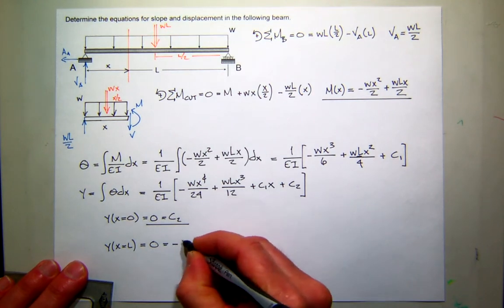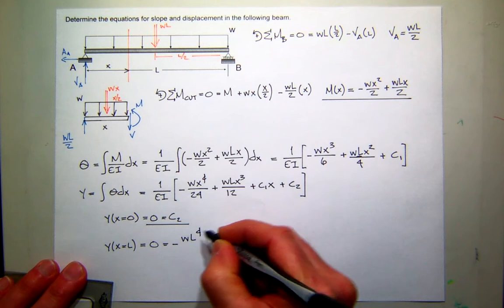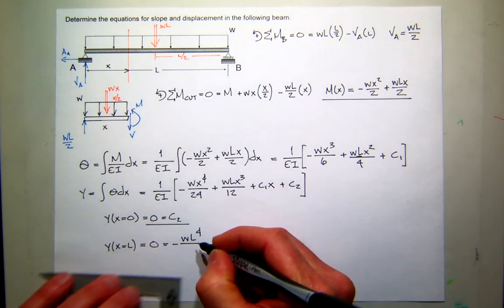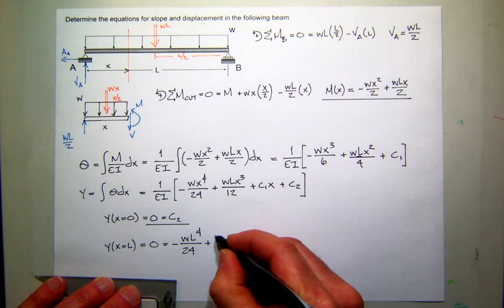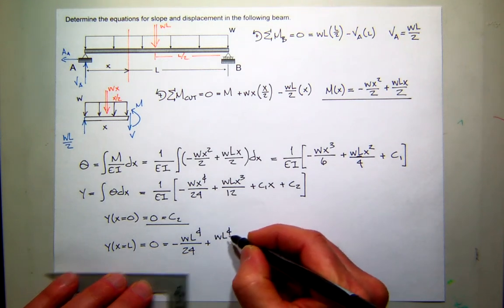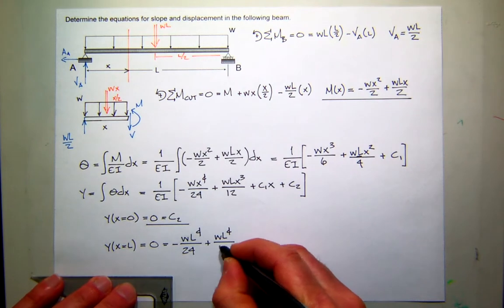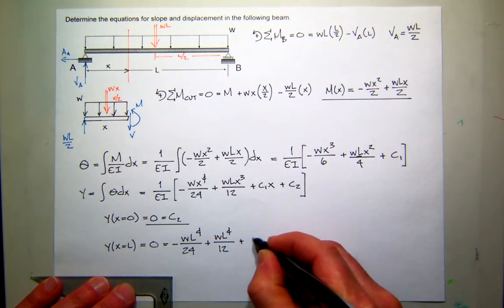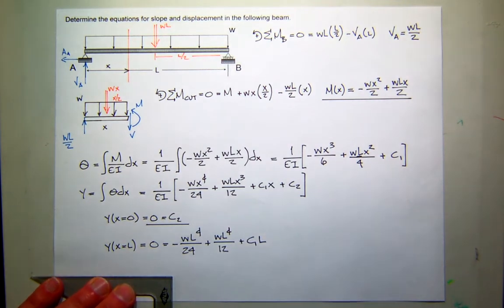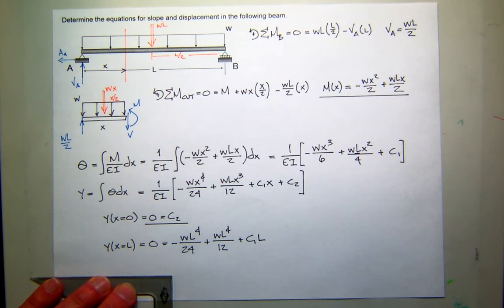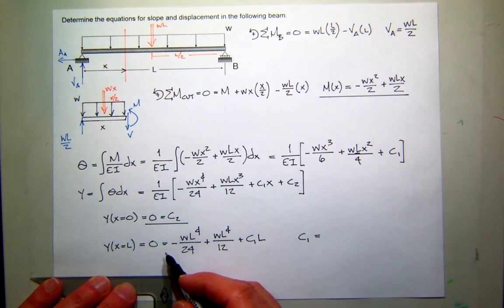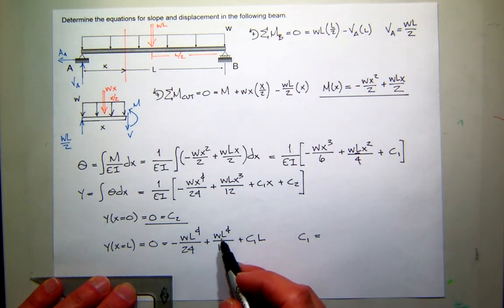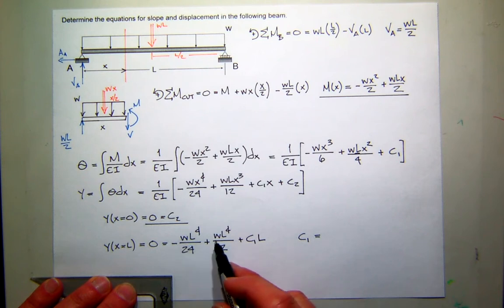So I'm going to start off, I'm going to get negative WL to the 4th over 24. I also suggest you take your time and do this slowly. And then you get plus C1L, and that's equal to 0. So you should be able to solve for C1. So what is C1? Well, first, if you divide through by L, everything is L cubed. You can divide through by W, right?